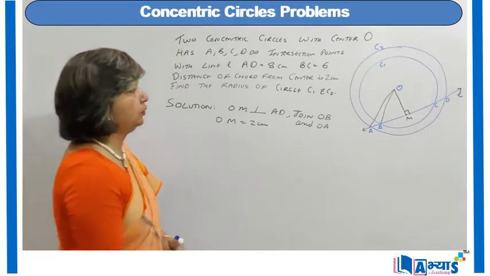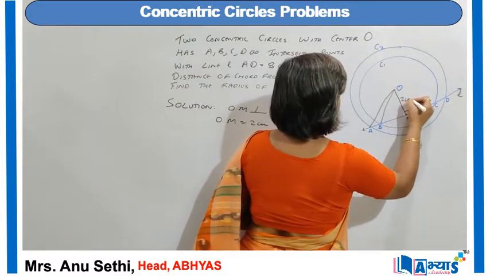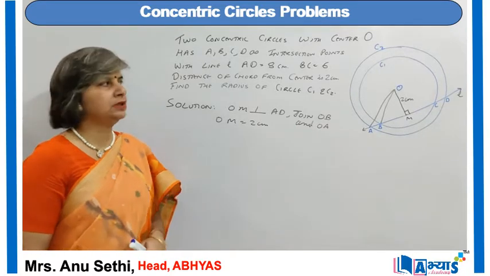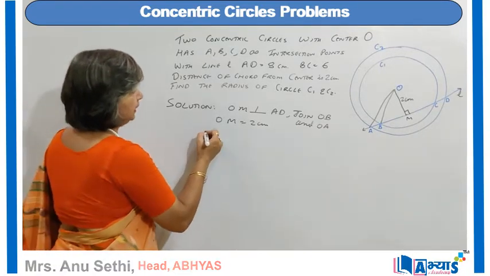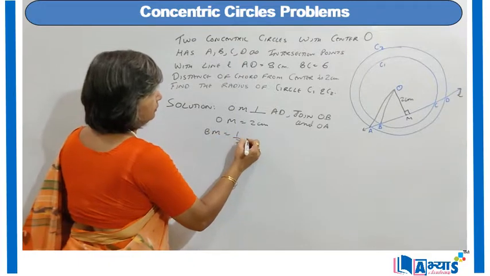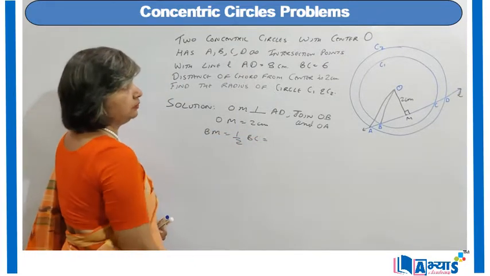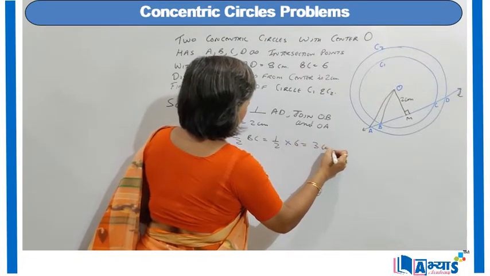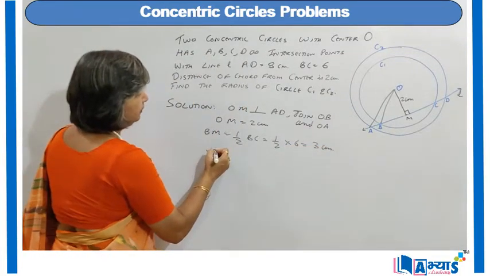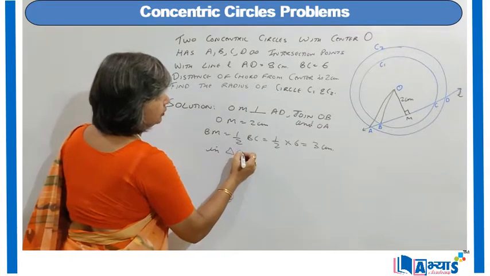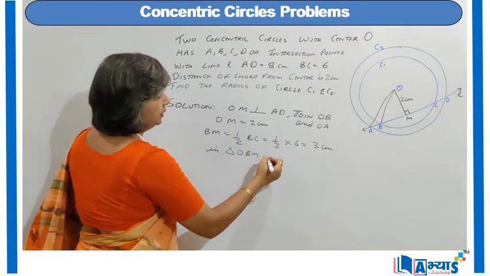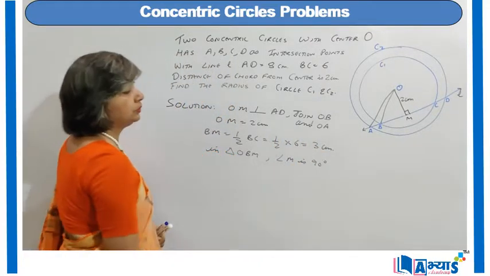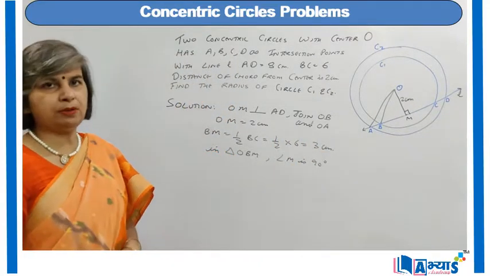Now we are given that OM is 2 centimeter, and we know that the perpendicular bisects the chord in the case of circles. So BM is half of BC. Now BC was 6 centimeter, so half into 6 will be equal to 3 centimeter. Now in triangle OBM, angle M is 90 degree, because OM is perpendicular to the chord.